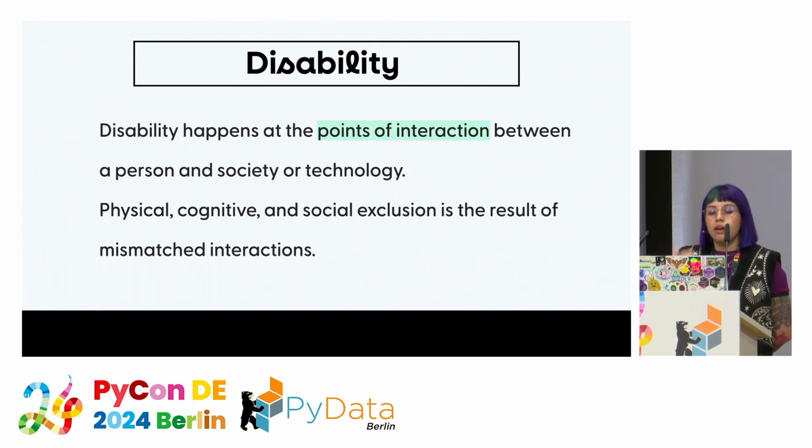Right? An impairment, whether it is motor or auditory or visual, is not itself a reason for exclusion. The exclusion comes as a result of mismatched interactions between an individual and the environment and tools they're trying to interact with.